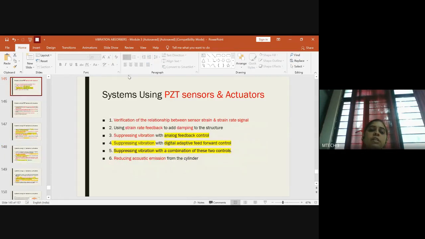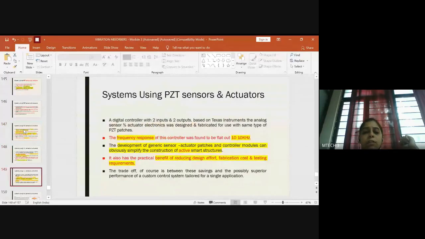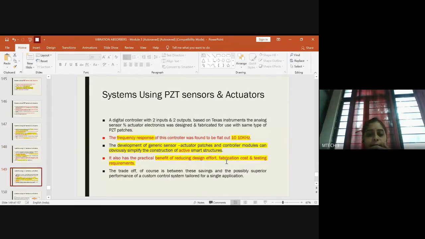So the costing for 6 experiments would be comparatively higher. But he reduced the cost of the experiments also, because this single one-shot experiment was able to evaluate and check its performance. Overall, how the smart structure can work when you mount a PZT sensor patch and an actuator patch to the given structure. Here the given structure is nothing but the cantilever. So this is how he concluded finally.